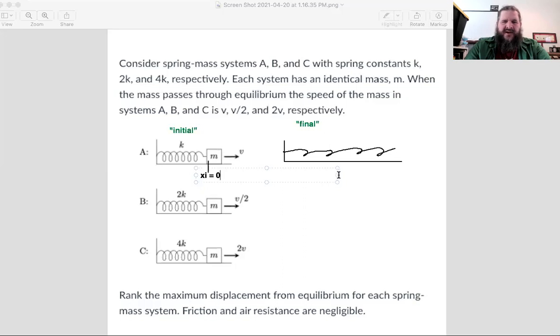But the final situation is stretched out beyond equilibrium. So x final equals, we don't know. The maximum displacement is what we're trying to find.